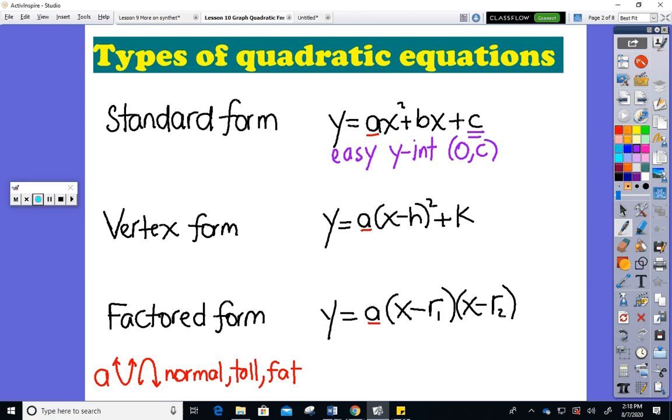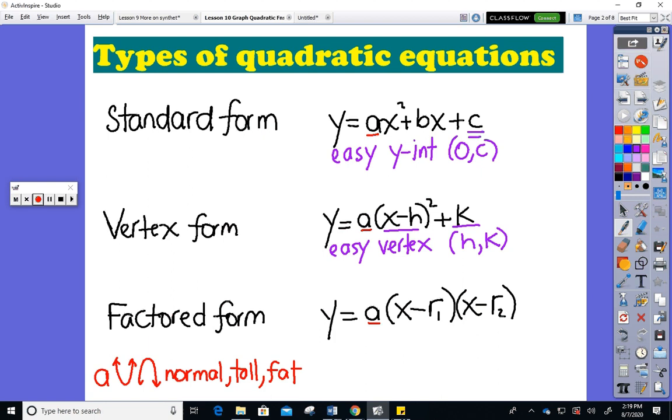Now, vertex form is my favorite because it makes it easy to see the vertex, and the vertex is the most important point on the parabola. If you look at (x minus h) squared, it's telling you that h, comma k, is your vertex. So all of them have something easy.